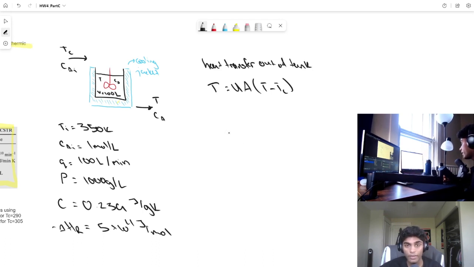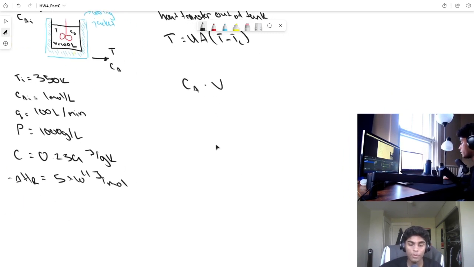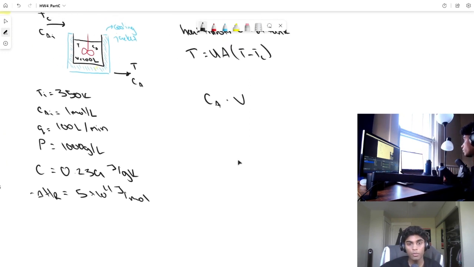To find the amount of A, we use the concentration of A times V. That'll give you the amount of A in the system, capital A. From here, we'll do the differential of that: d(CA times V) over dt. However, V is a constant. We just defined that as 100 liters, so we can get rid of that.